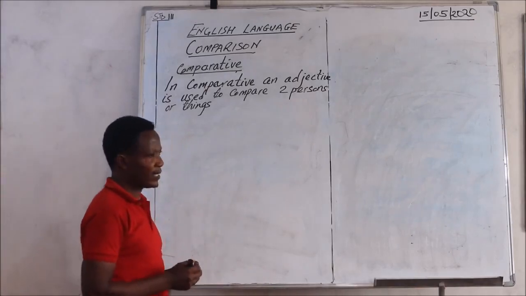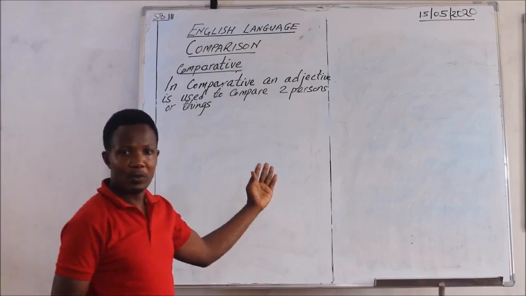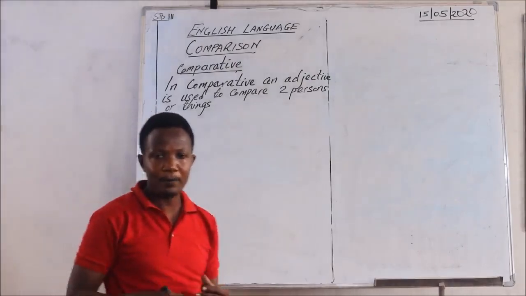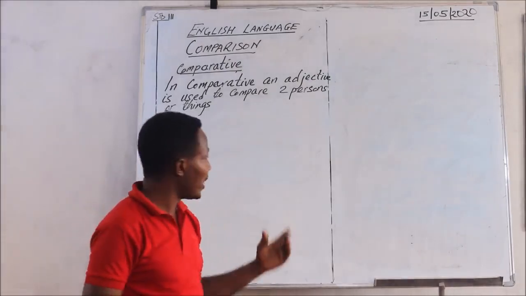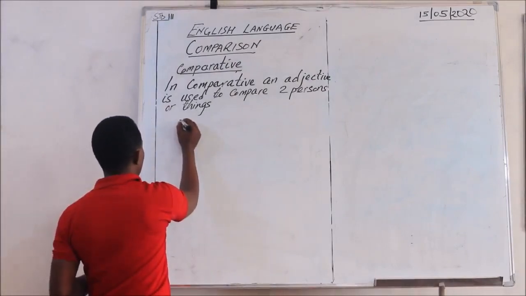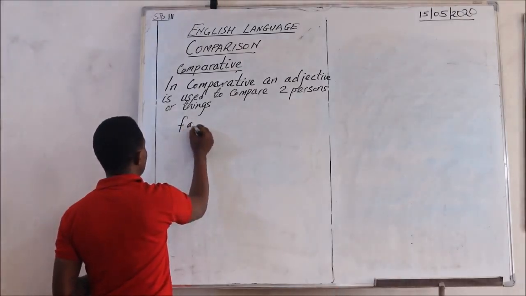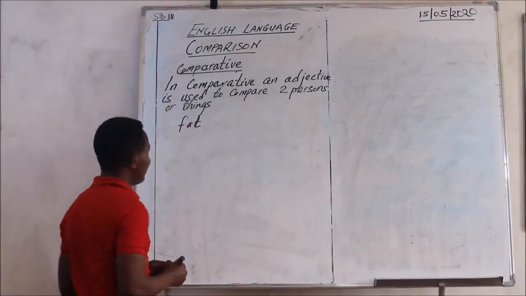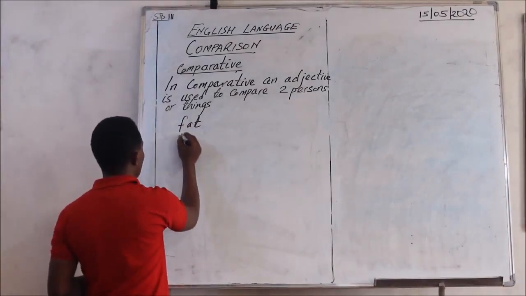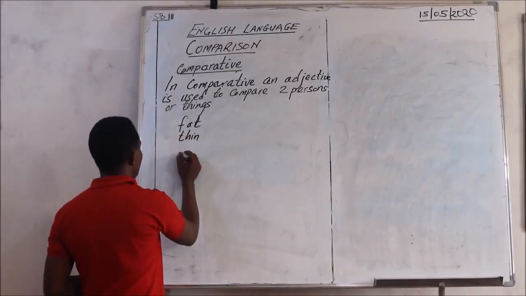Let me first write adjectives here so that we see how to form a comparative through the adjectives. We have fat. We can use fat as an adjective. We can use thin as an adjective. Tall.